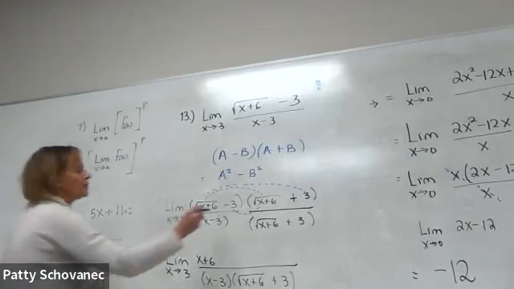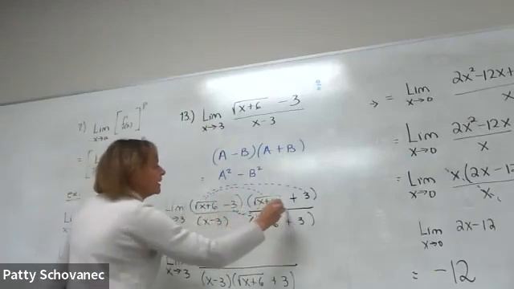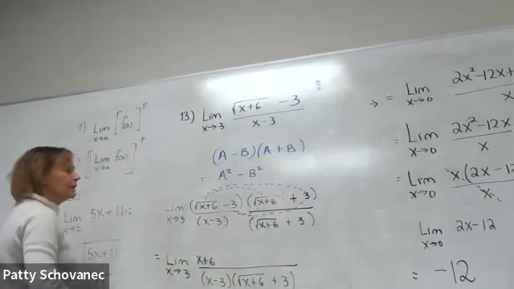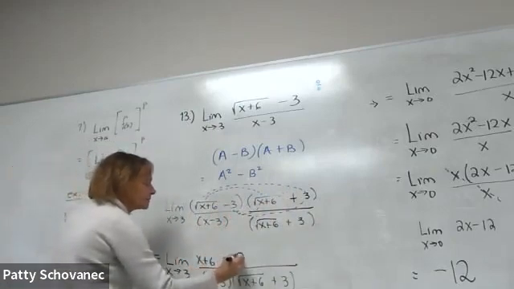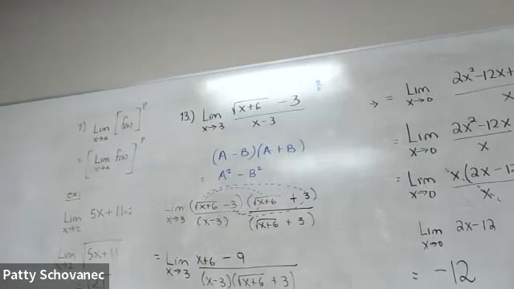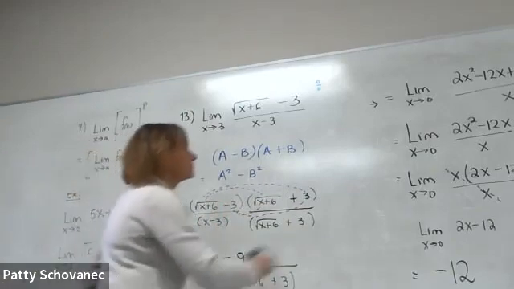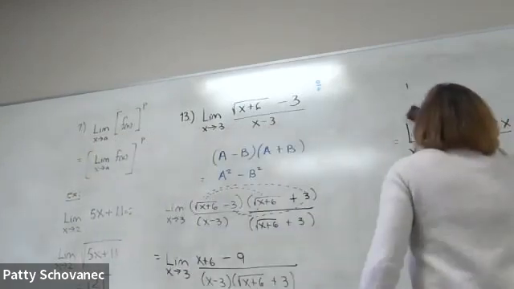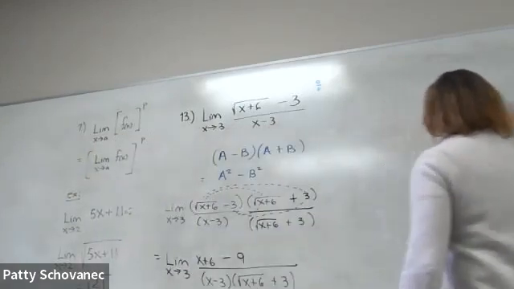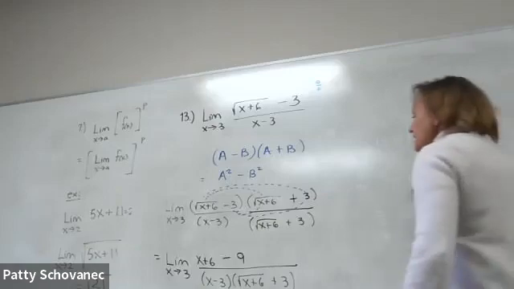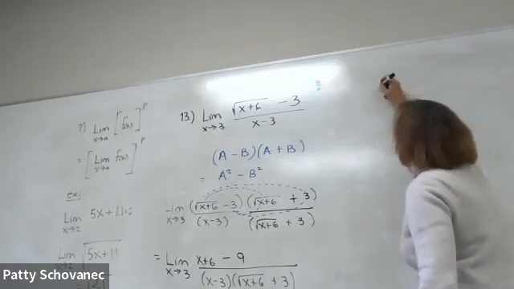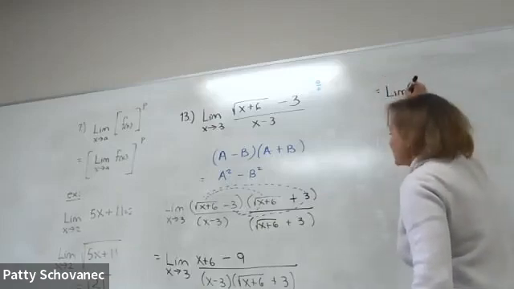Finally, I have to multiply the two last terms together. A negative 3 times a positive 3 gives me a minus 9. And I can keep adding on top. X plus 6 minus 9 simplifies to x minus 3. Shabam, there's my common factor.